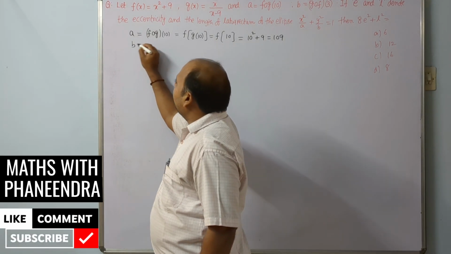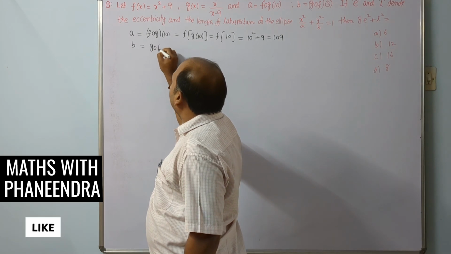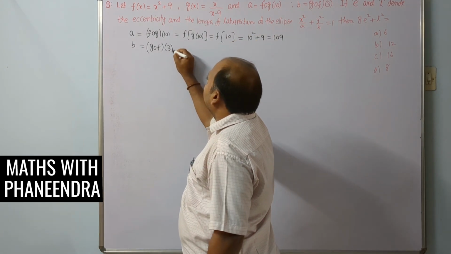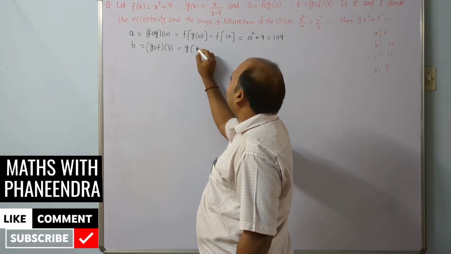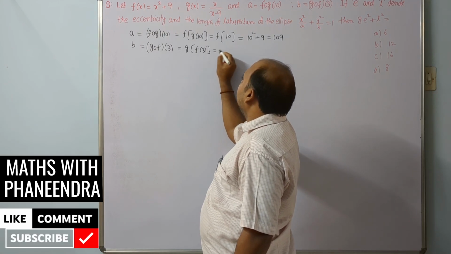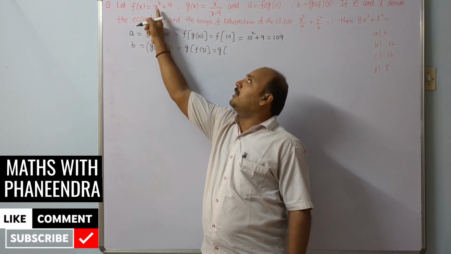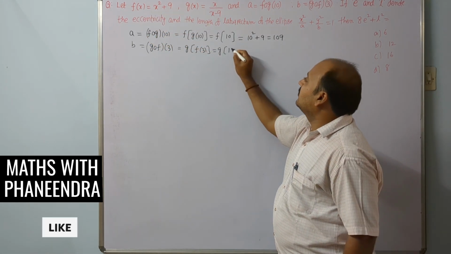Similarly, b is equal to (g∘f)(3), that is g of f of 3. Here x is equal to 3, substitute: 3 square is 9, 9 plus 9 is 18.